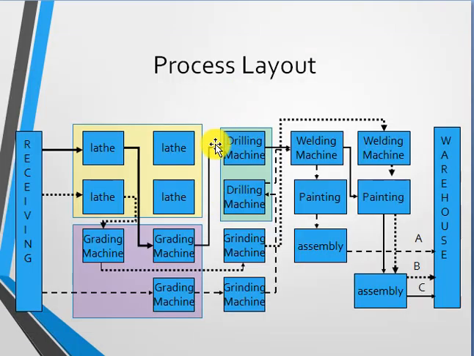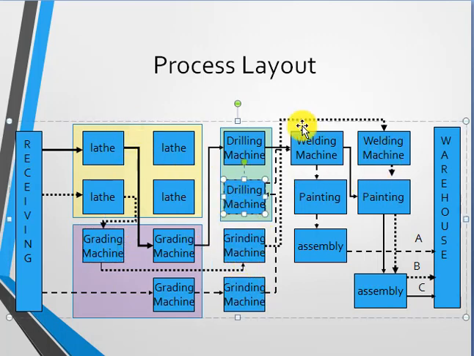Process layout is classified by using the same machines. So mostly they group by the same machine. For example, activities that use the same machine will be grouped together: lathe, grading, drilling, grinding, and it can minimize the investment.